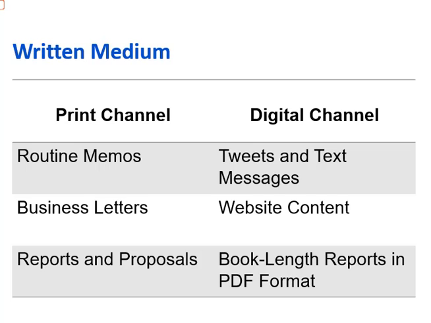It's not specifically geared toward one particular individual, but it may be geared towards your entire potential customer base. Book length reports in PDF formatting. There's kind of a mix between this now. In the old days you could give it out in print or give it out by email. Today, there's kind of a mix between them. I don't know if there's such a big dichotomy between print channels and digital channels.